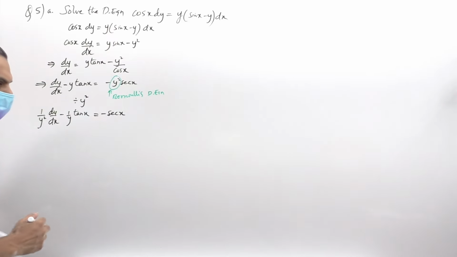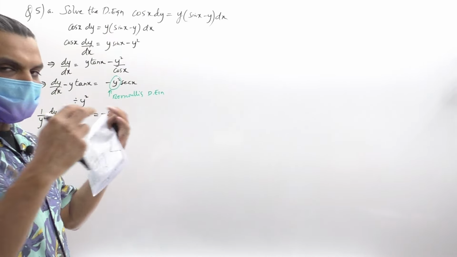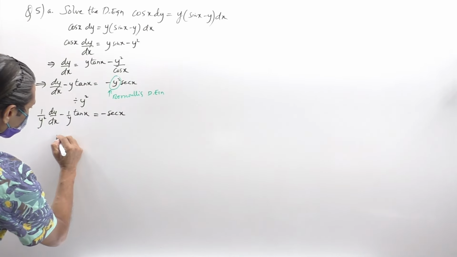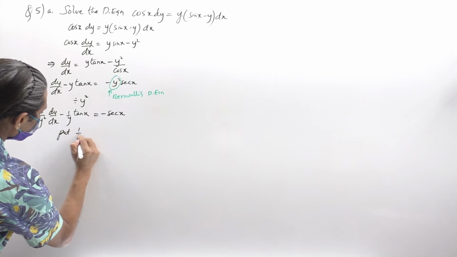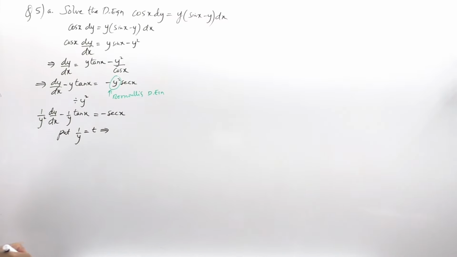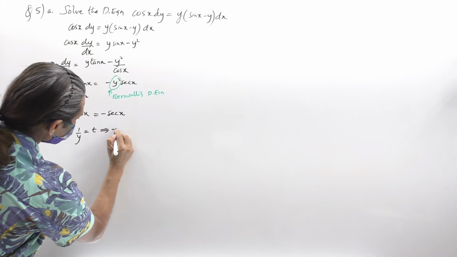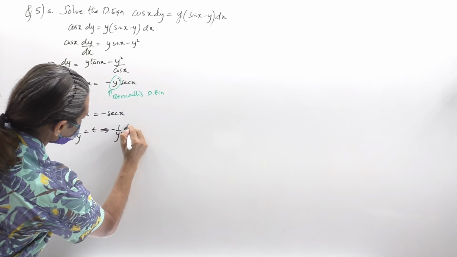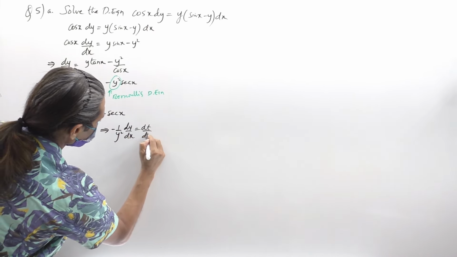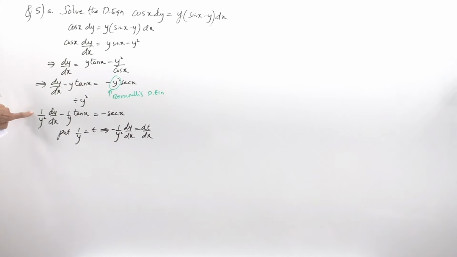So I will make it linear in terms of some other variable t. For that I will put 1 by y equals t. That implies, differentiation of 1 by y is what? Minus 1 by y squared dy by dx equals dt by dx, right? But I need here 1 by y squared dy by dx.